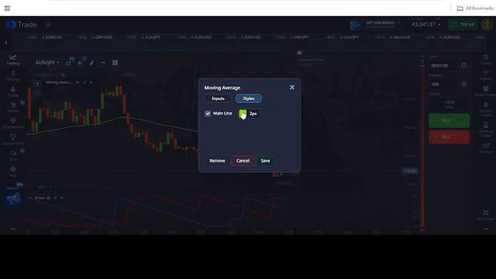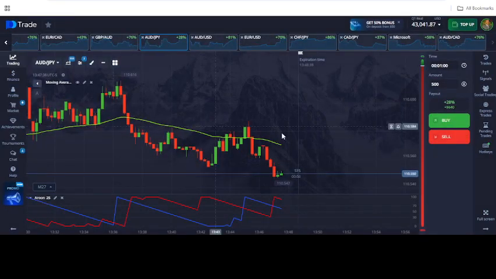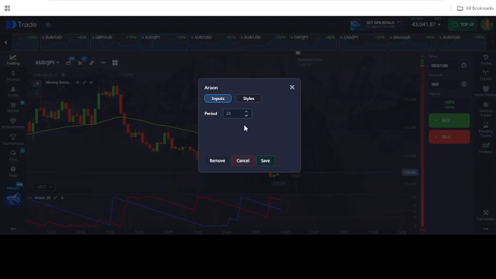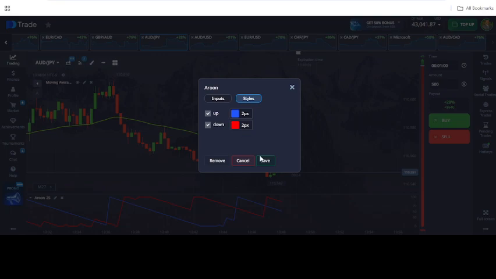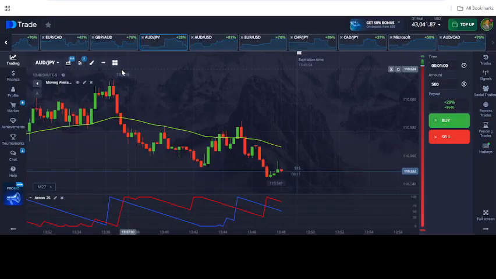In the style settings, I've increased the line width to 2 pixels so I can see the moving average line a little better. For the Aroon indicator, when I click on the settings, I have the period set to 25, which is the default setting, so we're going to keep the default setting here. In the style settings, I have the up Aroon line set to 2 pixels line width and the down Aroon line set to 2 pixels. So we go ahead and save that.